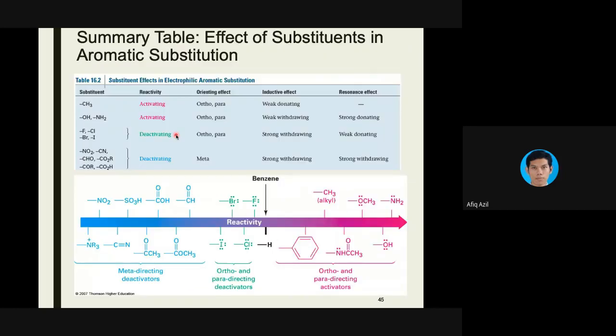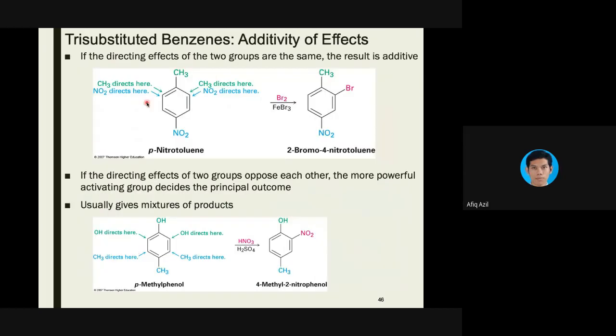If you look at this scale again, that's why I said this is very important. This is alkyl group. It is an ortho-para directing activator. And another one is nitro. Nitro is meta-directing. So if you go back here, this is CH3. Ortho-para will be at this and this position, so it can be here or here and also this position.